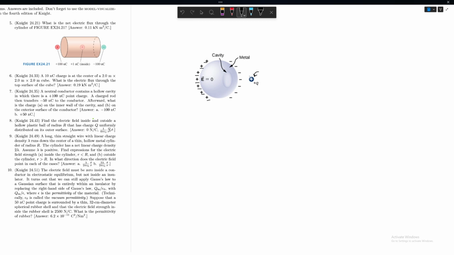But when I put a Q here, all the negatives went to the side, and they left their positives. Positives don't move, remember that. Remember, I believe, 1.67 times 10 to the negative 27 kilograms, that's a proton, and this is an electron. My proton is a lot heavier than my electron.